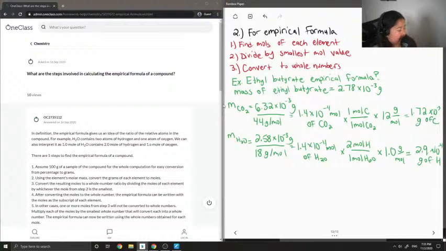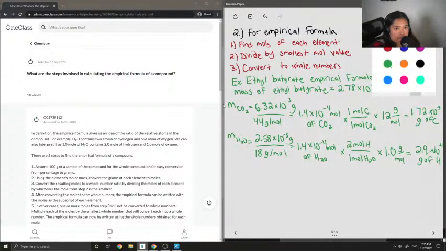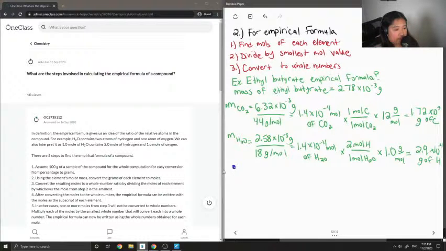To find the mass of oxygen that's left over, let me use a different color. Find the mass of oxygen. It's going to be our total mass, which is the 2.78 times 10 to the negative 3, minus the grams of carbon and hydrogen that we found in the first part of the question.